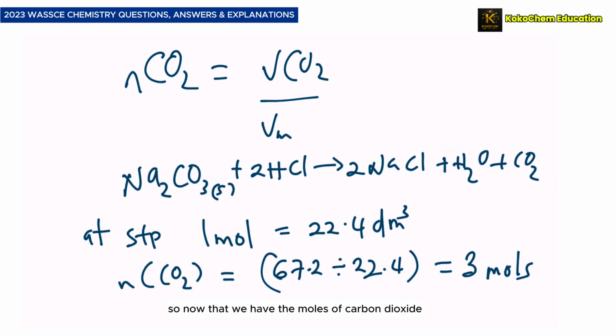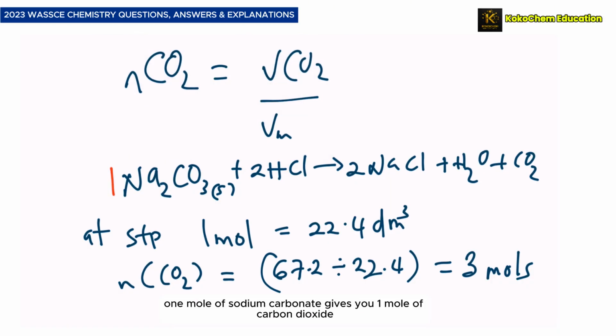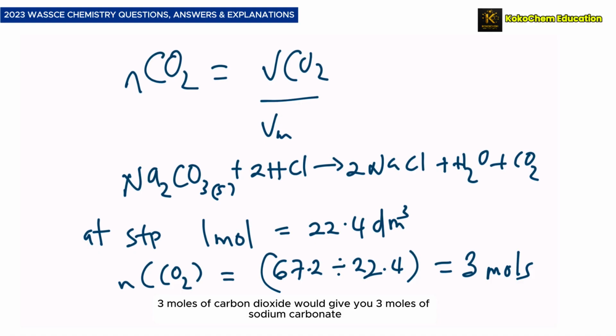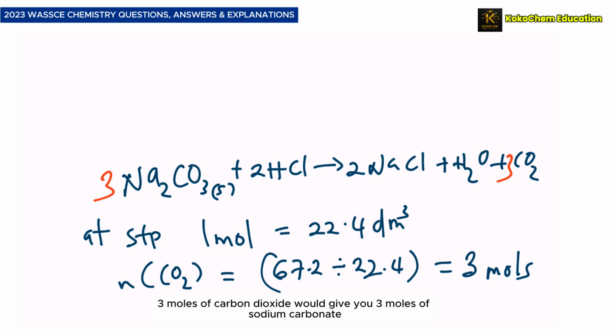So now that we have the moles of carbon dioxide, from the balanced equation, 1 mole of sodium carbonate gives you 1 mole of carbon dioxide. Hence 3 moles of carbon dioxide would give you 3 moles of sodium carbonate.